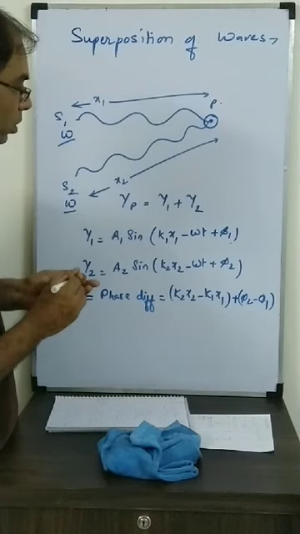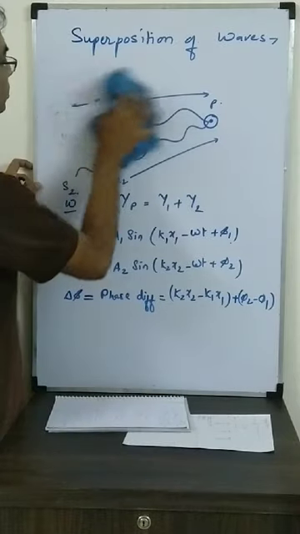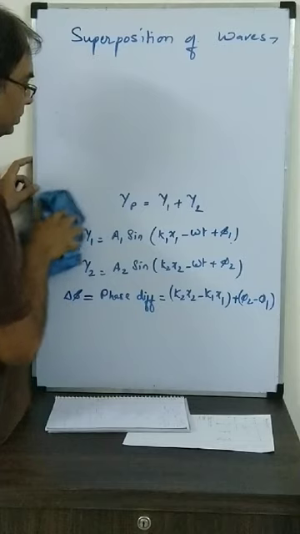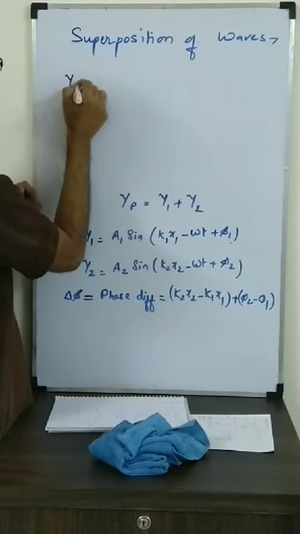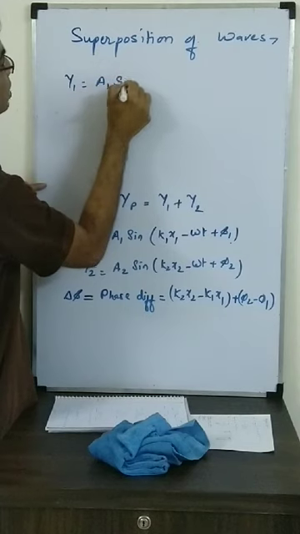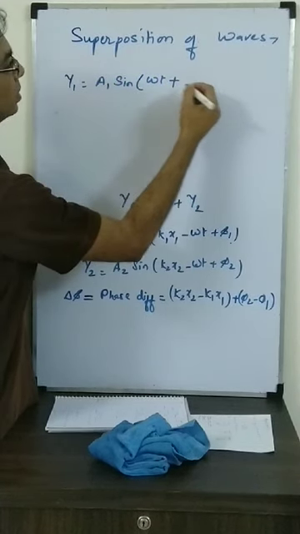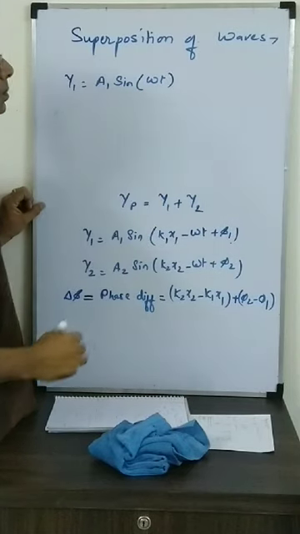Now to calculate this y1 plus y2, we are rearranging them. So how are we writing it? The first one, y1, I am writing as A1 sine omega t, only omega t, don't write anything else.